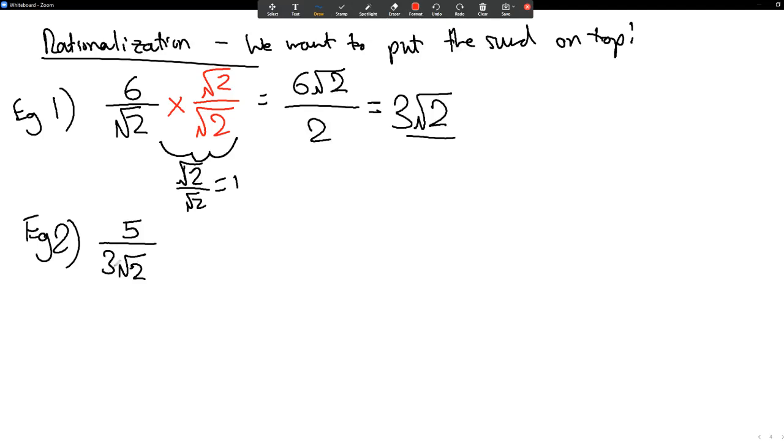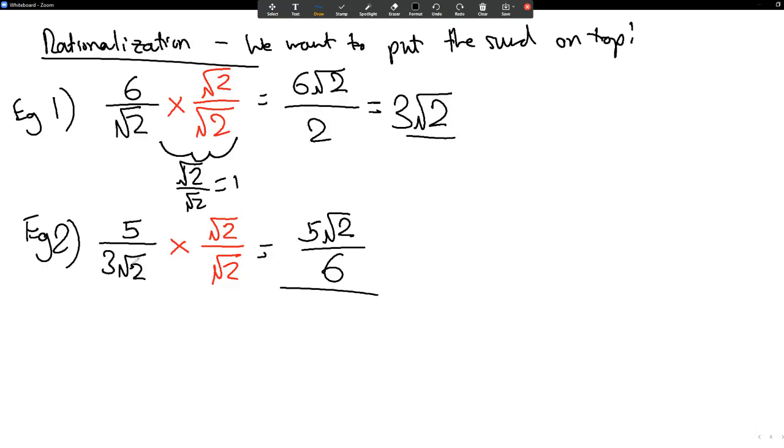It doesn't matter if we're multiplying by anything else. We can still multiply by root 2 over root 2. Just multiply by the denominator. And that'll give us, well, we'll get 5 root 2 on the top. And we'll get root 2 times root 2, which is 2. But remember, we're multiplying by the 3, so we get 6. And that's its simplest form.